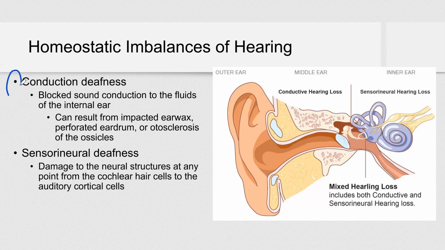It's conduction deafness. If there's a problem with their neurological structure, then a hearing aid probably isn't going to do any good for the patient. Of course, we have mixed hearing loss over here that can include both conductive and sensorineural hearing loss. That's possible as well.